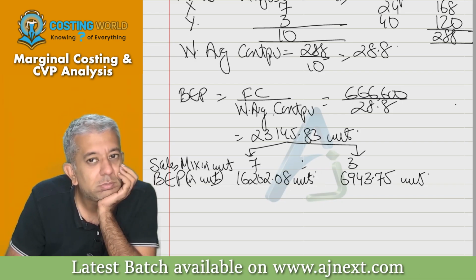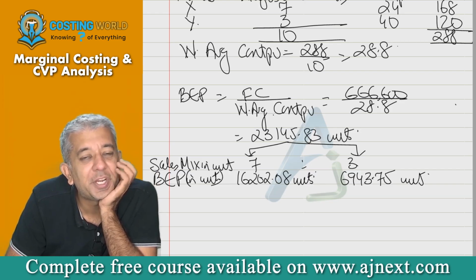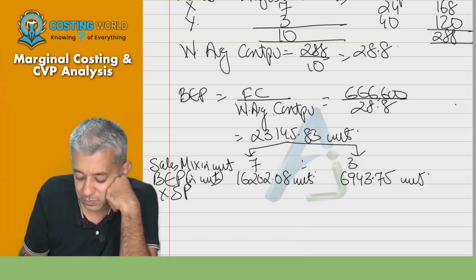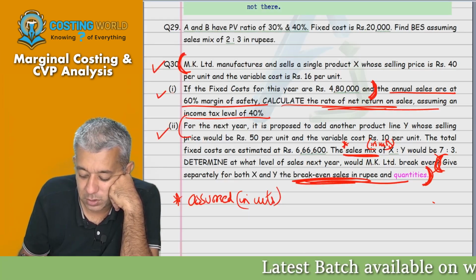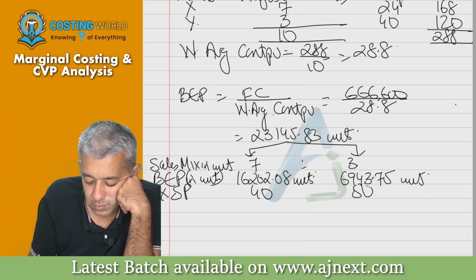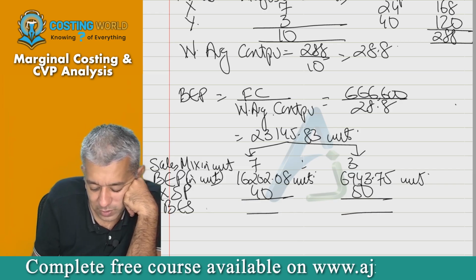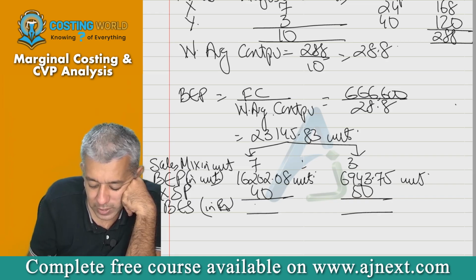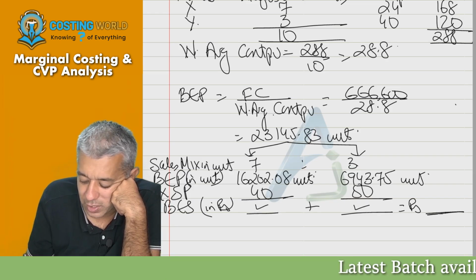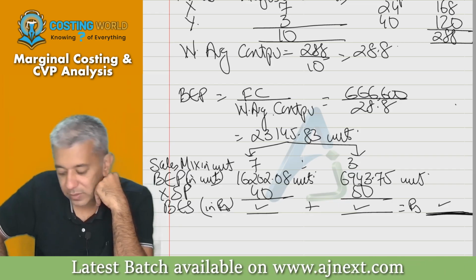Quantity multiplied by quantity will become quantity square. So multiply by selling price. Selling price 40 and 50. Please multiply. This is break even sales in rupees. Take this answer, add it. This will give you break even sales of the company also in rupees, obviously.